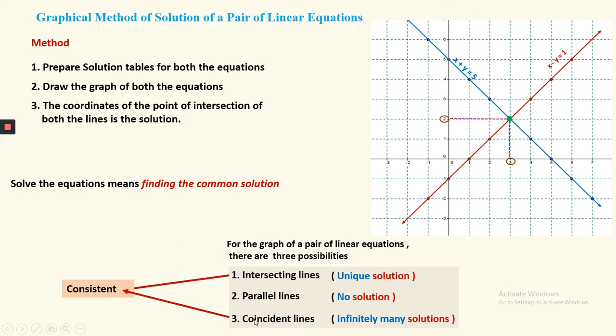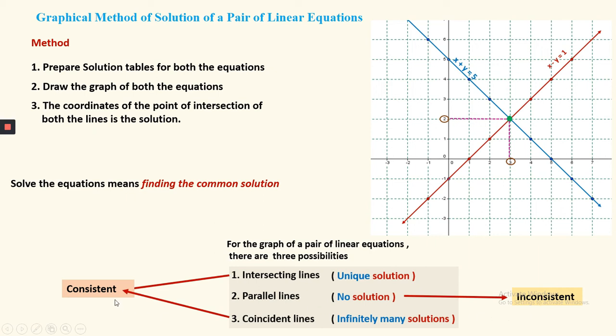So whenever the equations have at least one solution, we say that the pair of equations is consistent. Consistent equations. And the remaining case, when the equations have no solution, we say that that pair of equations is inconsistent.